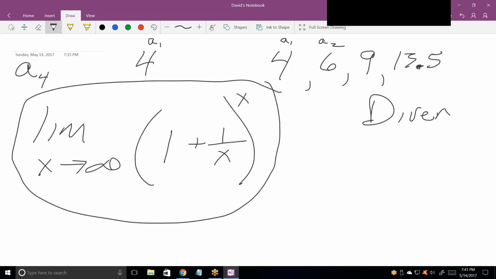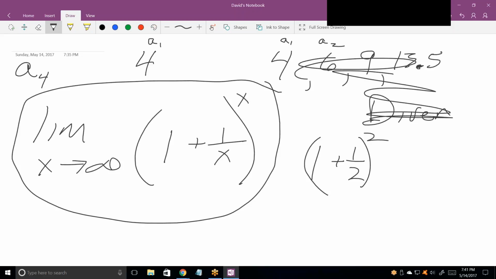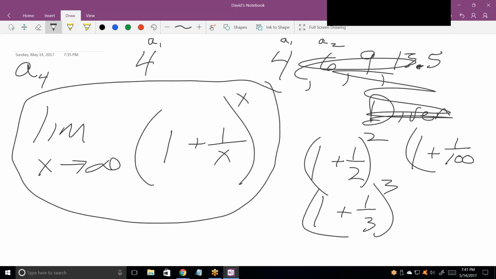In other words, if I figured out what 1 plus 1/2 to the 2 power is, and then I figure out what 1 plus 1/3 to the 3 power is, and so forth and so on, and then eventually I'm going to be figuring out what is 1 plus 1/100 to the 100th power.